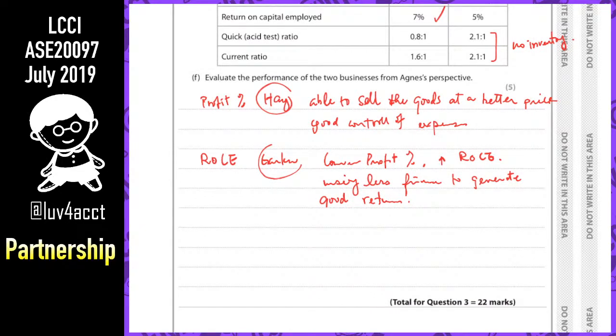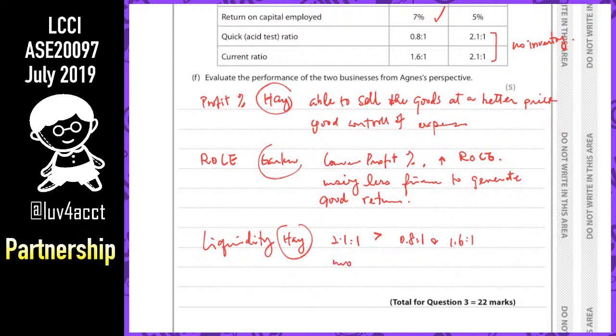Okay, so next one, the liquidity. Hay Limited is better, because it has 2.1 to 1, better than 0.8 to 1 and 1.6 to 1.